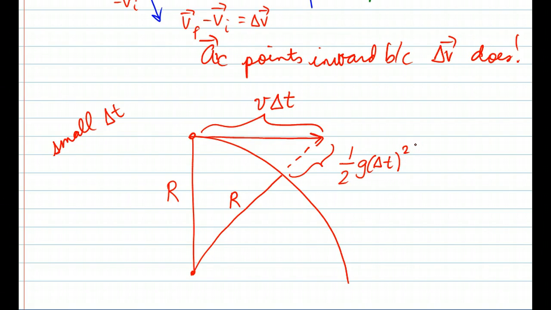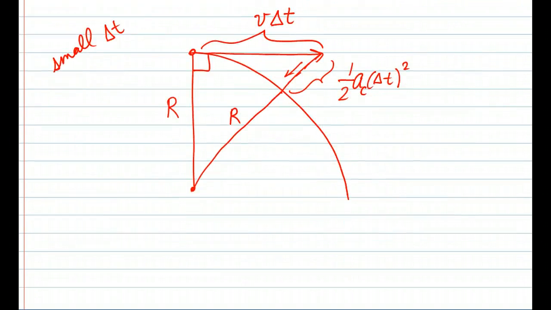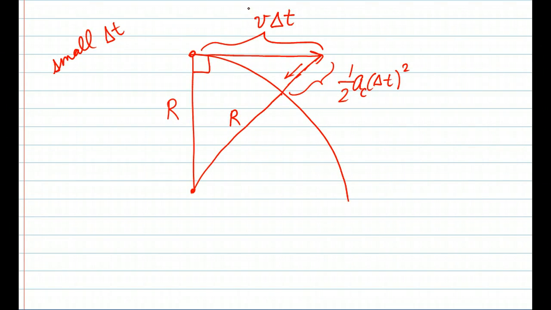But the thing is, it's falling towards the center of the Earth, wouldn't you agree? And so that is a centripetal acceleration. So we're going to write it as a_c for centripetal. Now what this does is it gives me a right triangle that has the legs v delta t, r, and then r plus 1/2 a delta t squared.